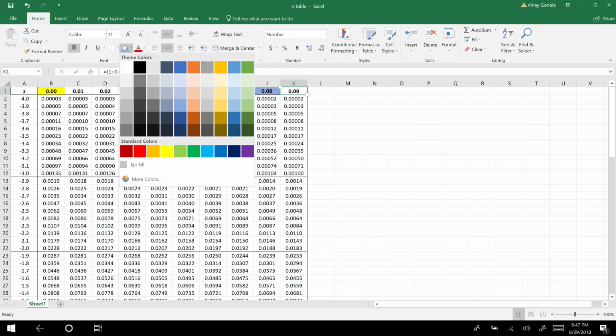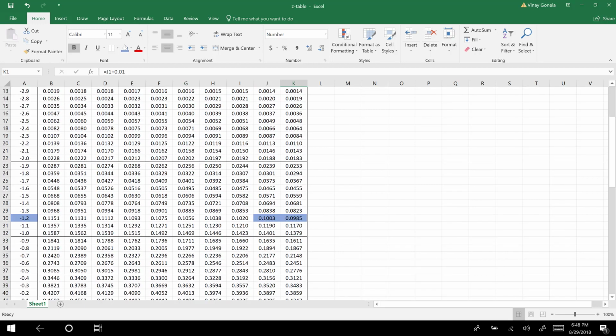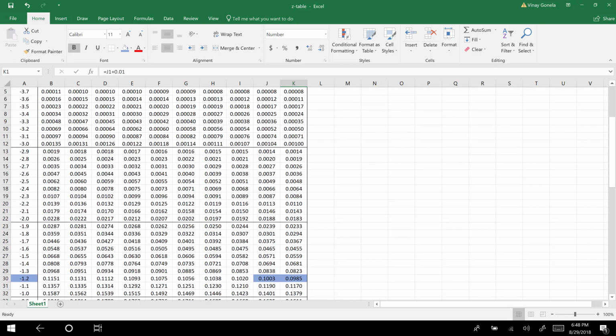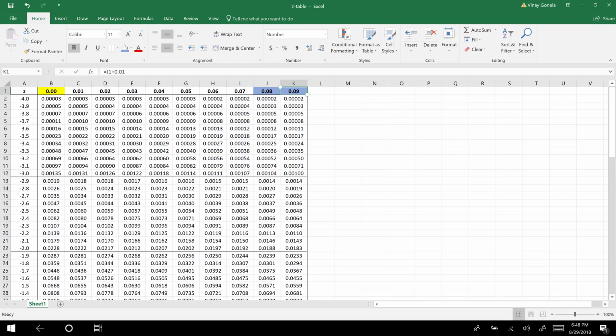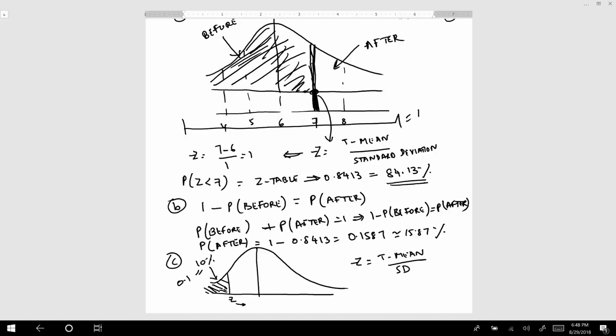So let's take negative 1.28 as our z score. So this is negative 1.2, and then we have 8 or 9. Let's take our z value as negative 1.28 here.